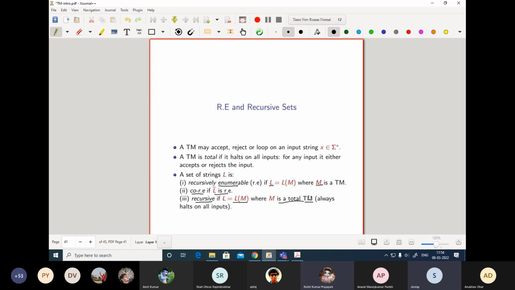All the other strings, the strings in sigma star minus L, are rejected by the Turing machine. There is no looping. So this language is going to be called recursive if there exists a Turing machine such that it accepts all strings in L and it rejects all other strings in sigma star minus L. It will be called recursively enumerable if the Turing machine accepts the strings in L, and on all other strings it might reject or it might loop.